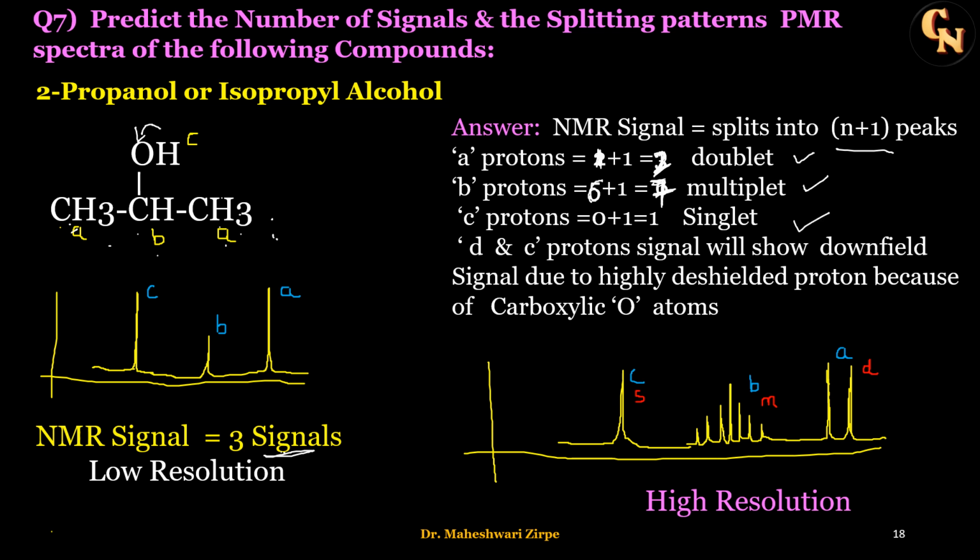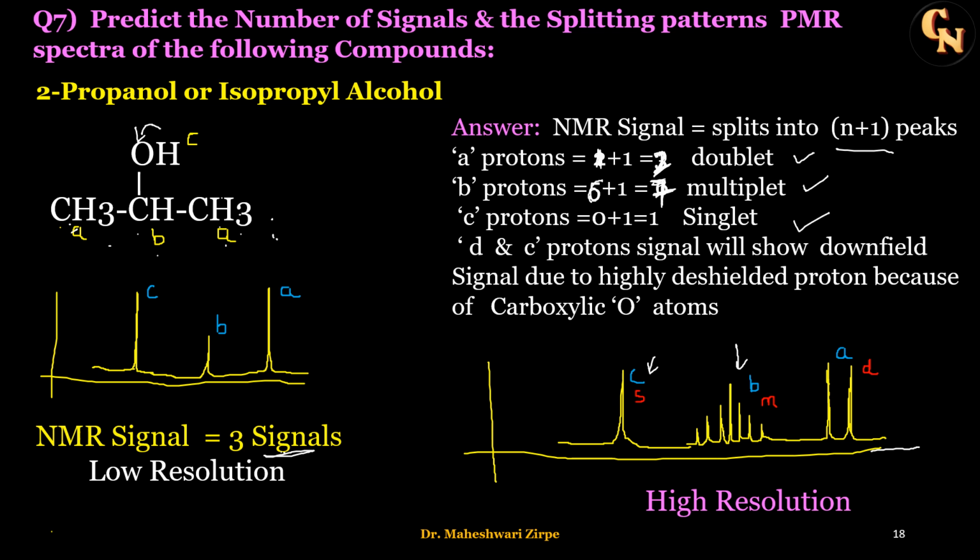So doublet for which proton? A protons will show a doublet, and they will be less de-shielded, that is, shielded. Then B protons will be a multiplet with 7 peaks, and the C proton, which is directly attached to OH, will be de-shielded, so it is more towards the left-hand side, and it shows a singlet.